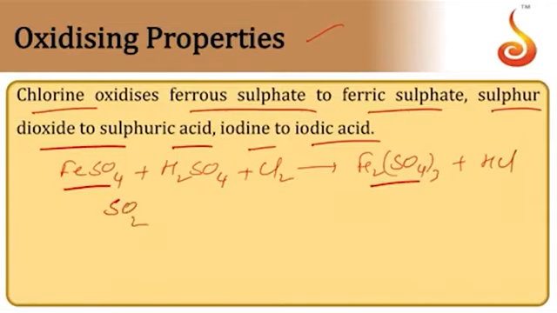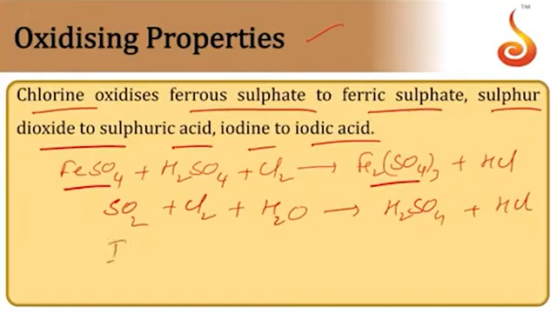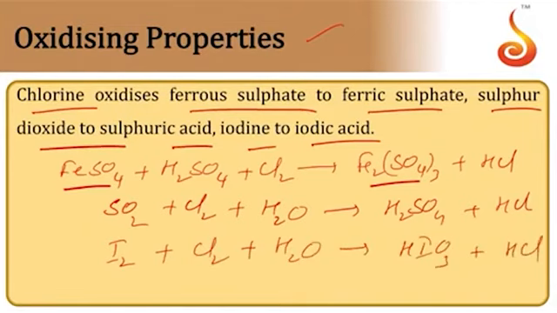If you take sulfur dioxide and chlorine in water, this forms sulfuric acid, H2SO4. Again the byproduct is HCl. If you take iodine and chlorine plus water, this forms HIO3, iodic acid, plus HCl.